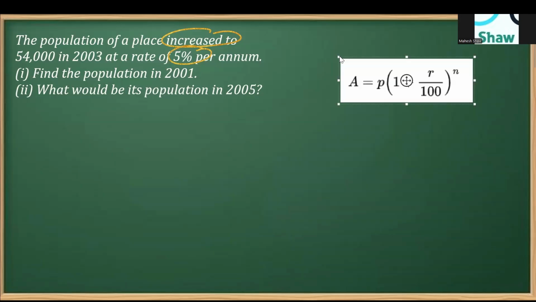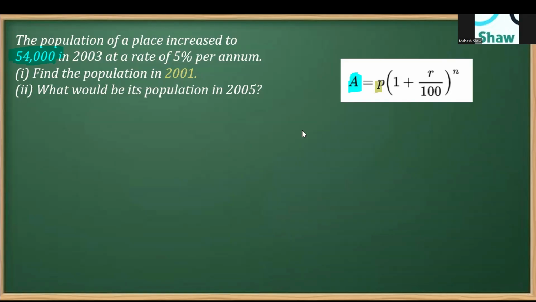So what we know here, that amount, which stands for A here, is equal to P bracket 1 plus R over 100 raised to the power n. As for this question, we'll be considering this population 54,000 as amount, and the population of 2001 is what we have to determine.